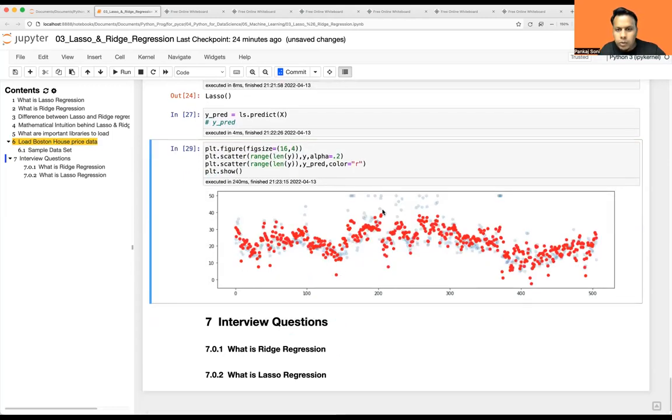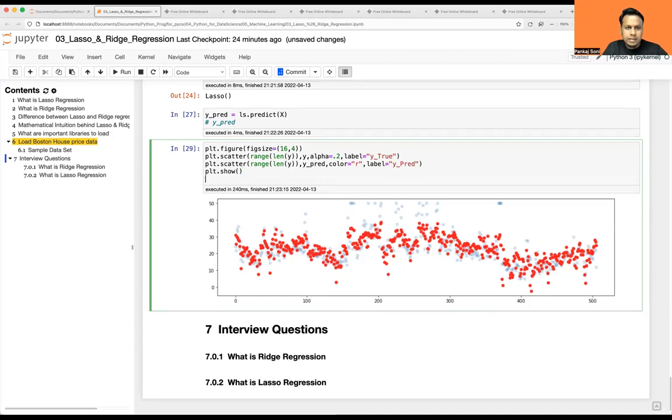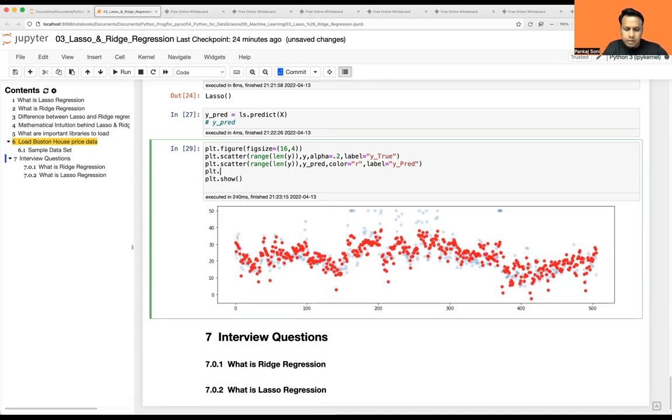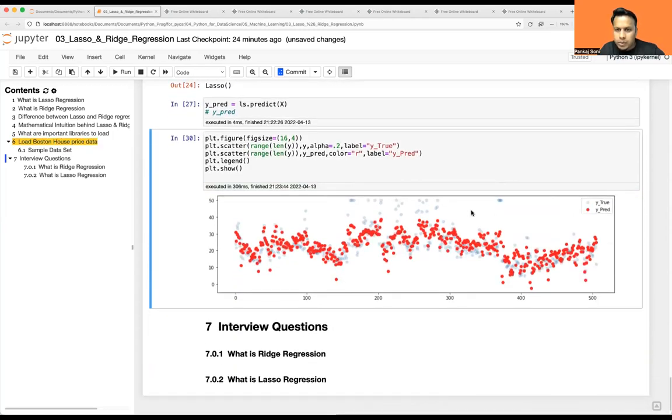Whatever blue you see was the original data, and what we predicted is your red data. I can add a label also, label equal to y_true, and this is y_pred, so that you can understand the data. plt.legend. So y_true is this, and it is more or less very much the same, right?